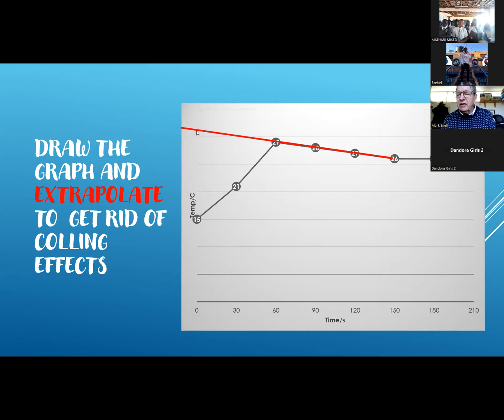And then the total temperature rise is not from 15 to 29, but from 15 up to 32 or so. That's because this allows us to imagine that it wasn't cooling down.